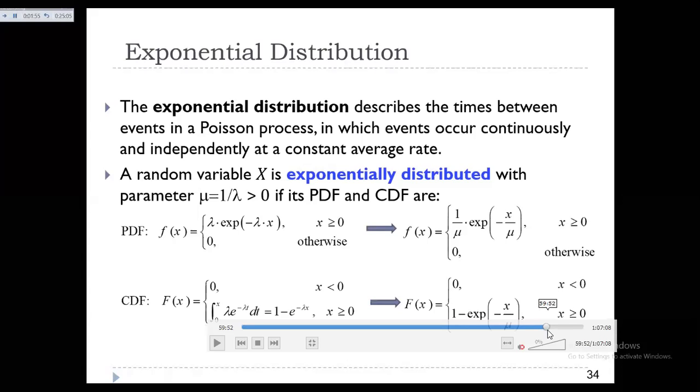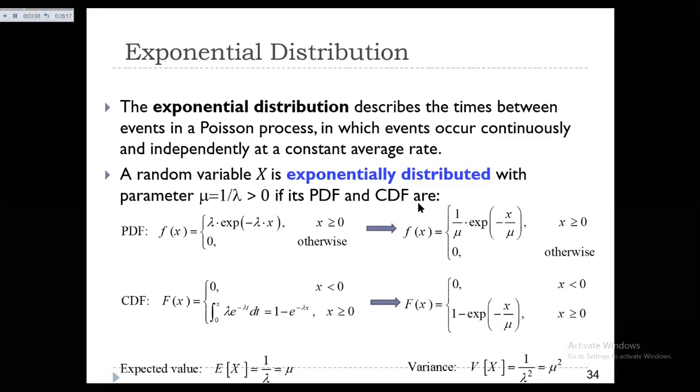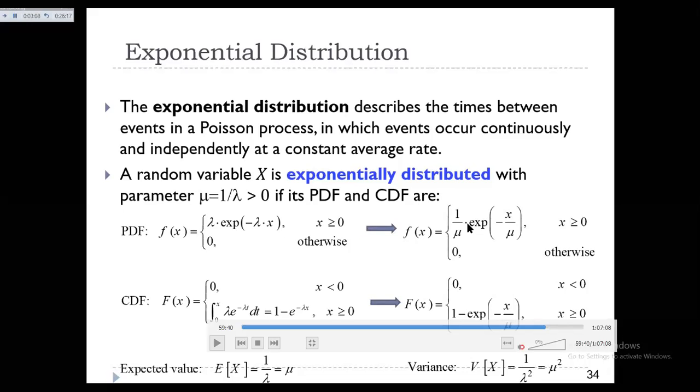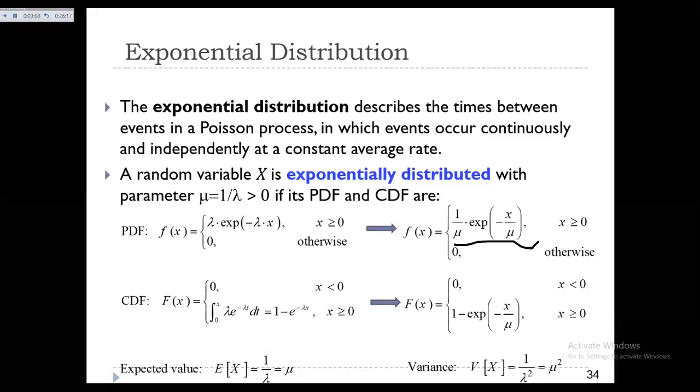The variance of the process is 1 over lambda squared, and the expectation of the process is 1 over lambda. So when given a question, you make use of this function to find the probability of the process, then you make use of these two for the expectation and the variance respectively.